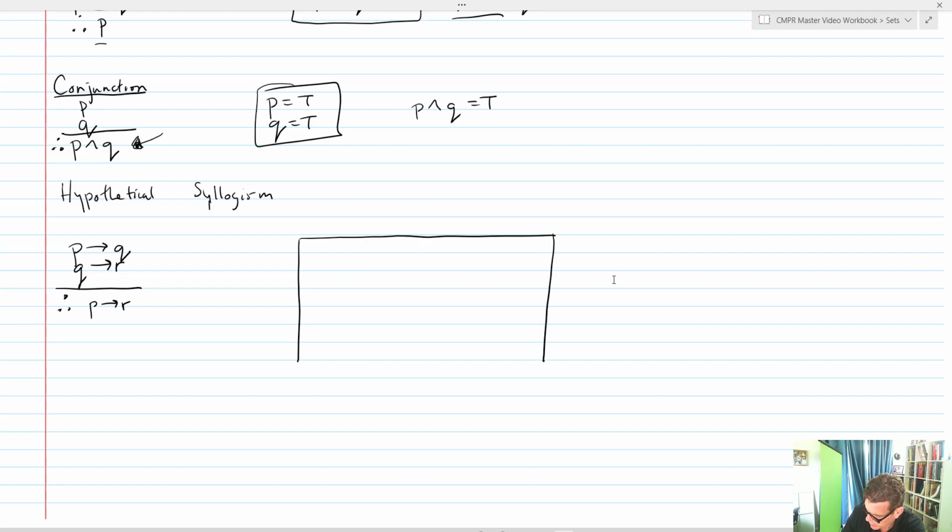So what we'll do is we want P implies Q. So we've got these things here. I'm going to have P, Q, and R. I'm going to set up my logic table this way.